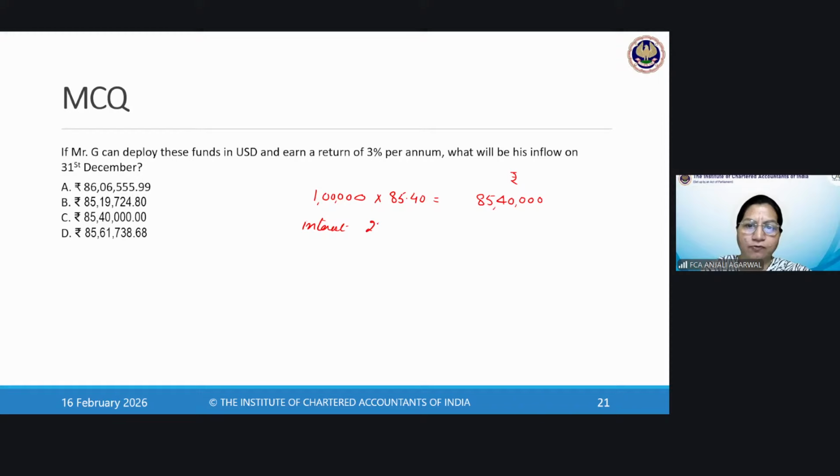Interest, $254.79 will be sold in the open market at 85.22.